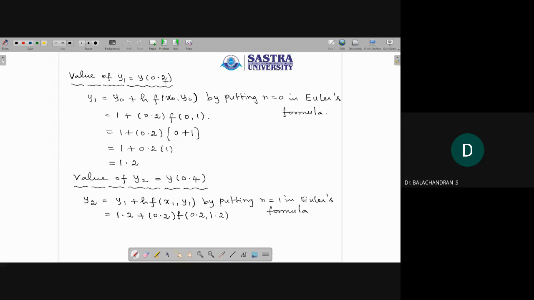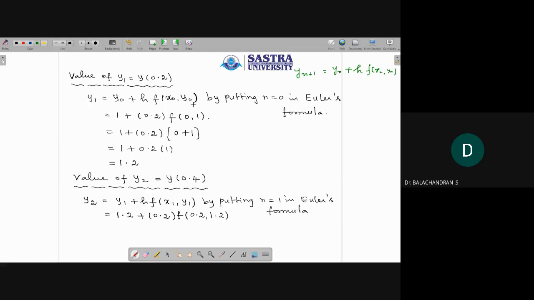So the formula is what? y n plus 1 equals y n plus h into f of x n comma y n. Substitute n equal to 0. So y1 equals y naught plus h into f of x naught comma y naught.